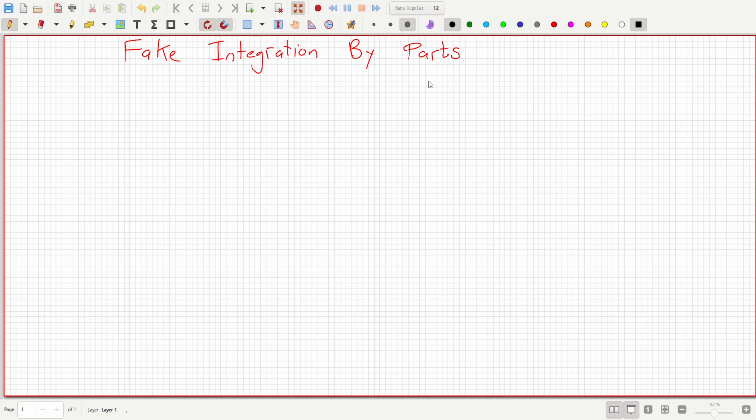However, integration by parts is not in the OpenStax Calculus book, nor is it in the Leaving Cert maths book. So there's this weird situation where students get these questions that require the by parts formula but can't use it because it was never taught to them. So instead, they have to use this kind of fake integration by parts technique.